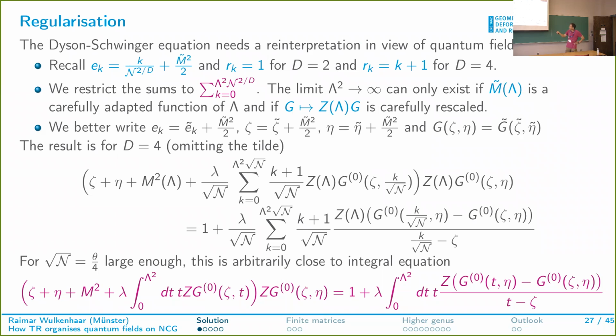And we have to use this. So, okay, let's make this a function of our cutoff lambda, and also rescale our two-point function by a factor. And the aim is now to find the function dependence of here and there, such that in the end we can go to the limit and everything exists.